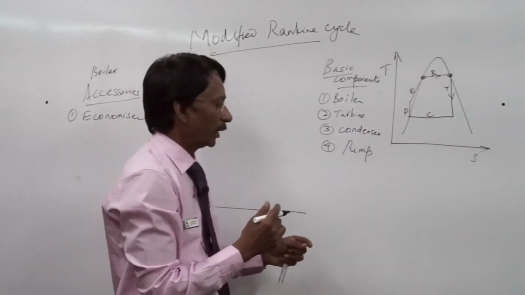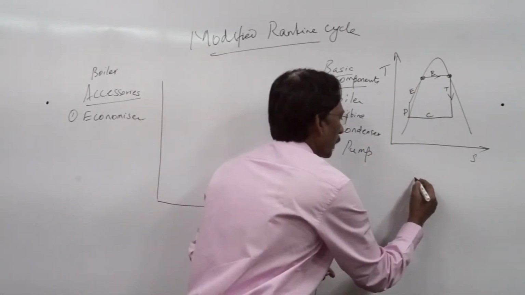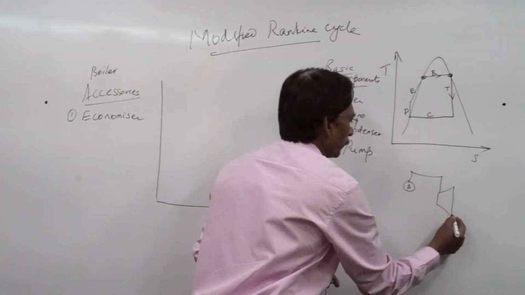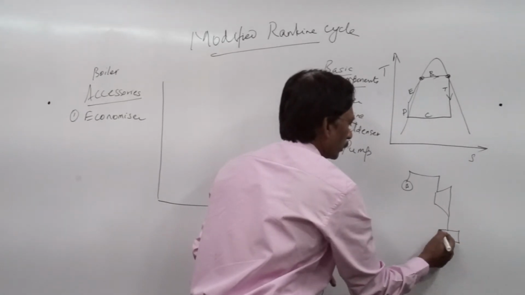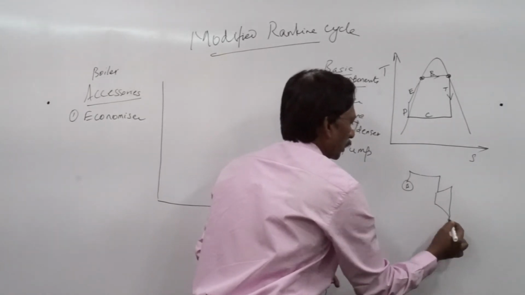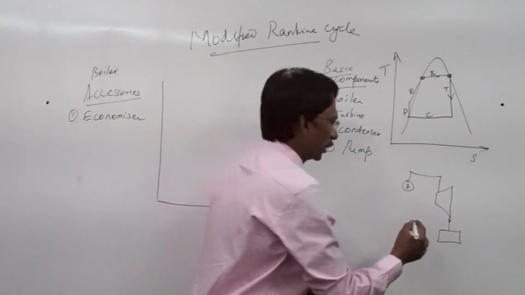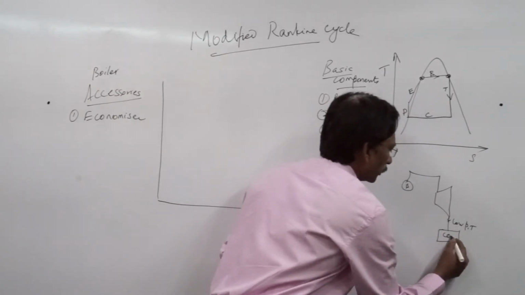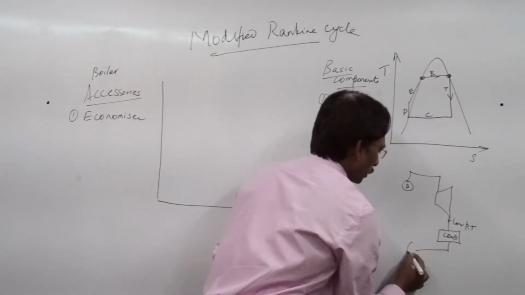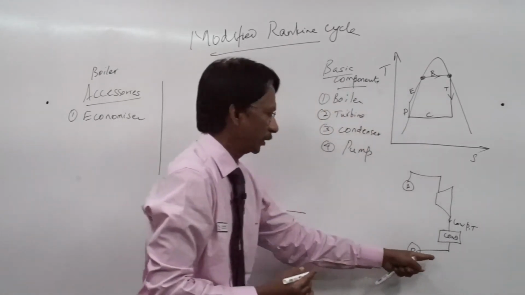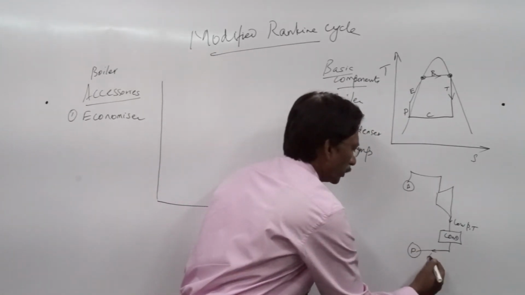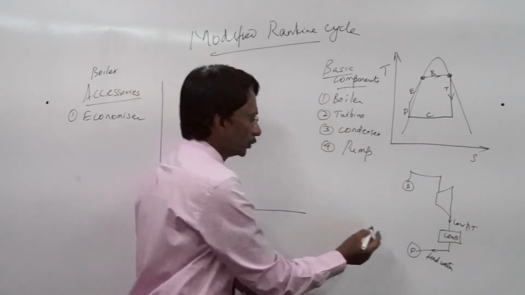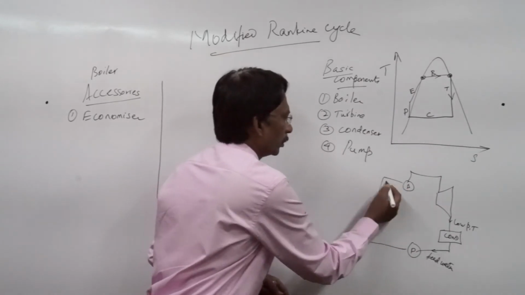But when the steam comes out of the turbine, it is in low pressure, low temperature condition, and it gets into the condenser, and after the condenser it becomes the feed water. Now this is what is pumped to the boiler.